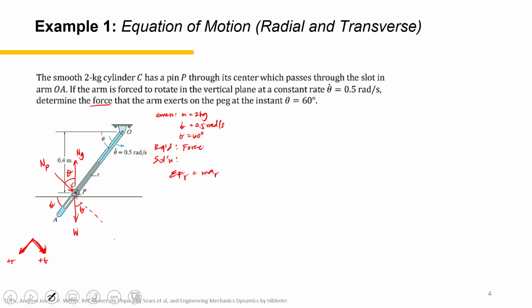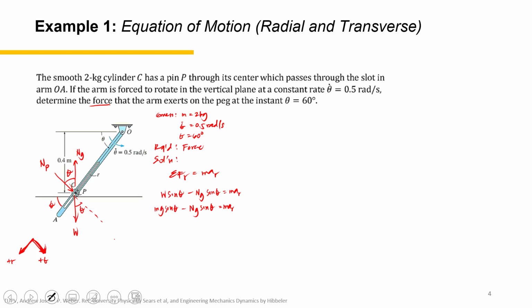So that would be W sine theta minus N_G sine theta equals m a_r. Of course, that would be mg sine theta minus N_G sine theta equals m a_r.